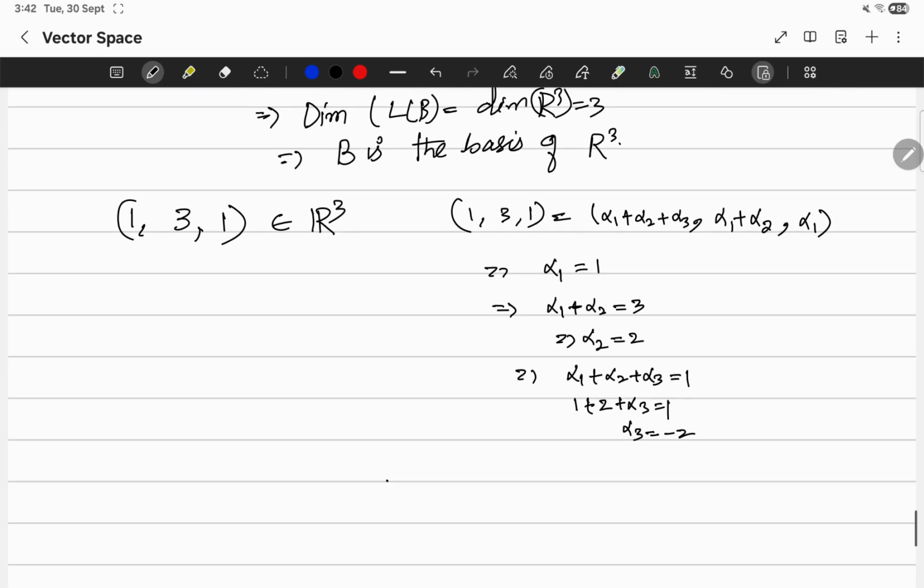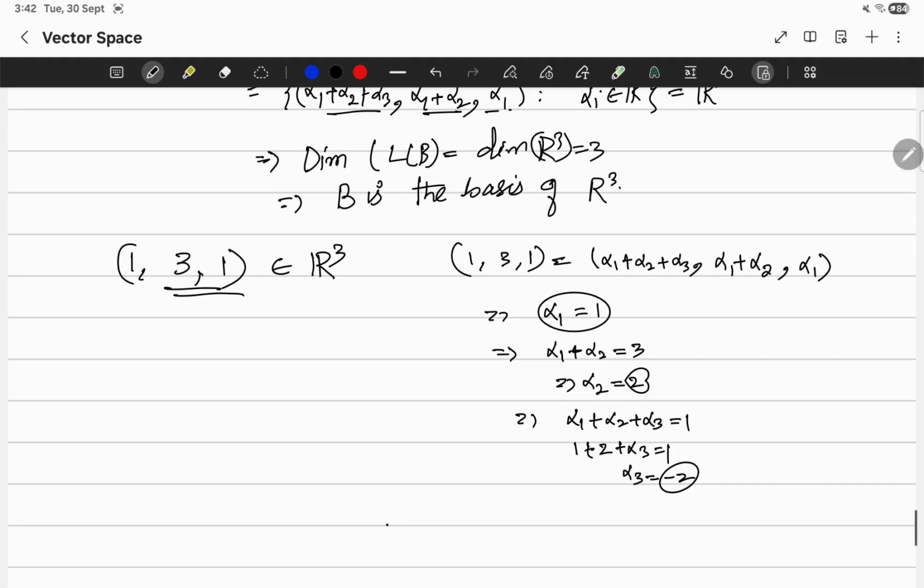So you got alpha 1, alpha 2 and alpha 3. Since these are non-zero scalars, (1, 3, 1) can replace any one of these three vectors. This is a linear combination of these, so we found alpha 1, alpha 2, alpha 3 for the same vector.